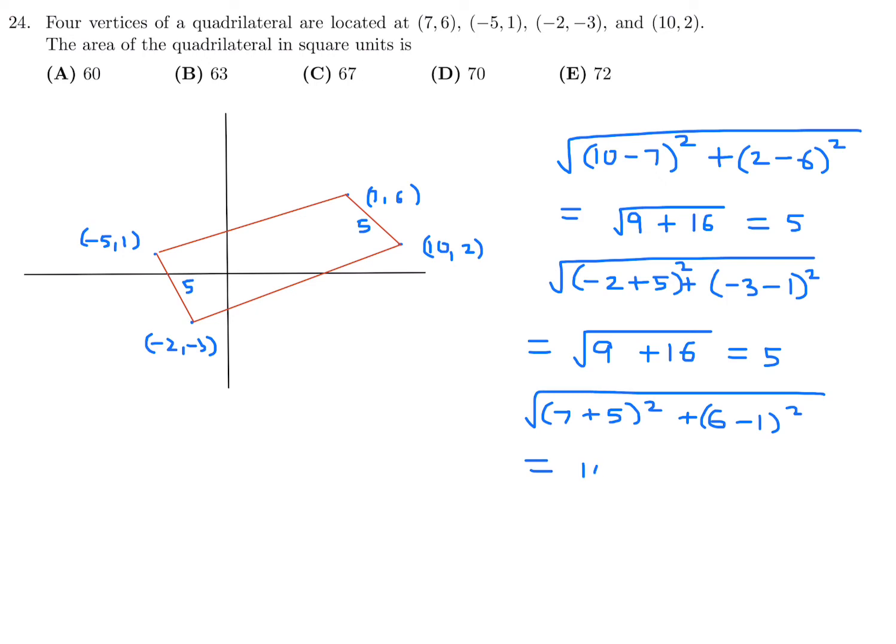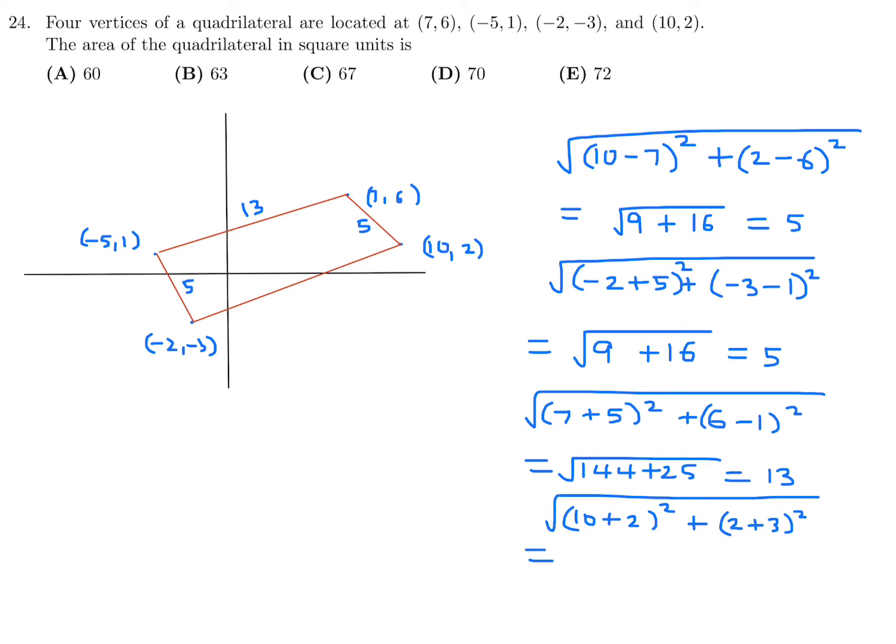All right, so this is 144 plus 25. That's 169, so that's 13. And then finally, let's do the same thing with the other side. So 10 plus 2 squared plus 2 plus 3 squared. And again, that gives me 144 plus 25. And therefore, that's 13. Okay, great.